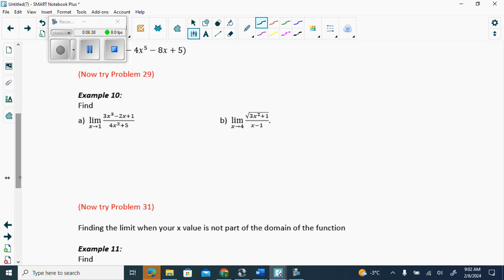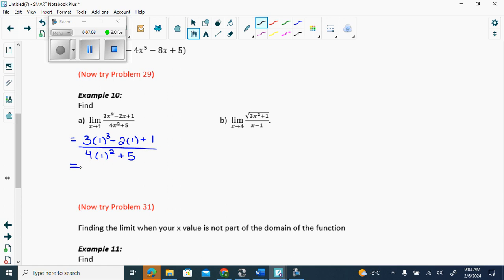Okay, let's look at 10. If I plug in 1, I'm going to get 4 times 1 squared is 4 plus 5 is 9. Is that okay? Yes, so we can directly substitute. So we're going to get 3 bracket 1 cubed minus 2 times 1 plus 1 over 4 times 1 squared plus 5.